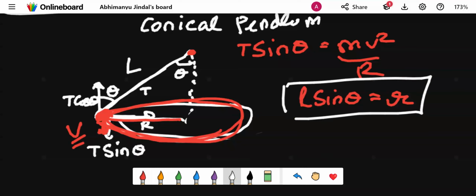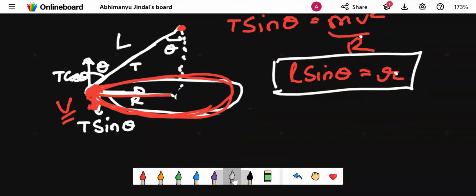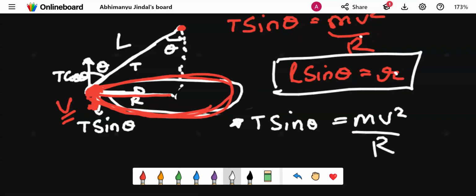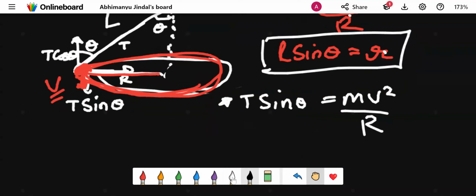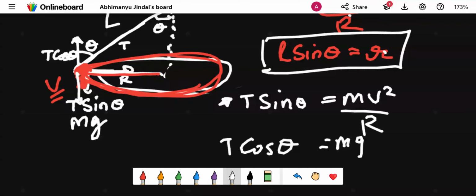So the first equation is T sine theta equals mv square by r, because the net force towards the center in circular motion is mv square by r. And here this is T cos theta, and there's mg downwards, so T cos theta is mg.